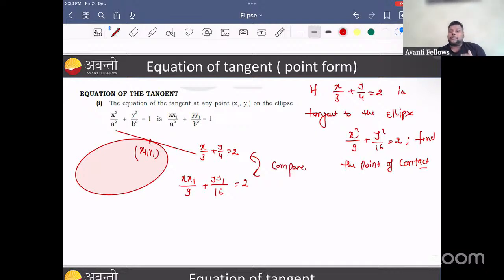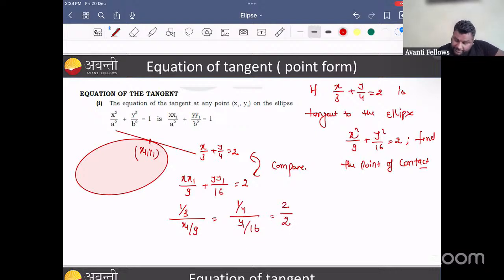See, how do we compare? Coefficient of x in the upper equation is 1 by 3. Coefficient of x in the lower equation is x1 upon 9. Coefficient of y in the upper equation is 1 by 4. Coefficient of y in the lower equation is y1 upon 16. Constant in the upper equation 2, constant in the lower equation 2.